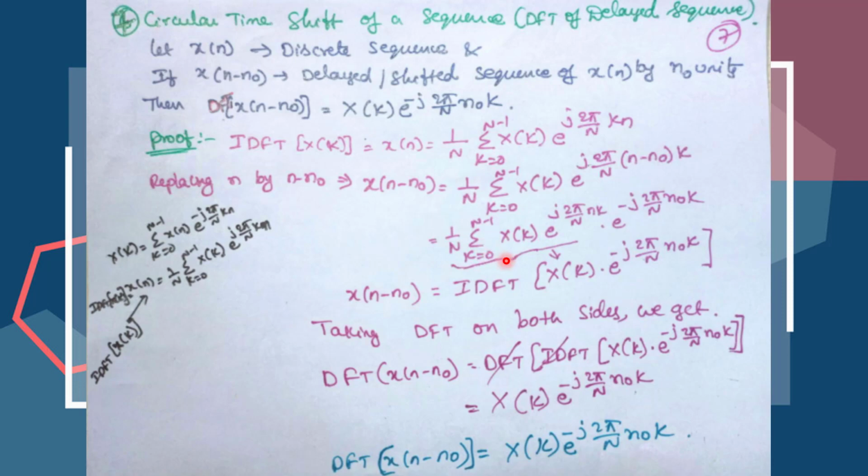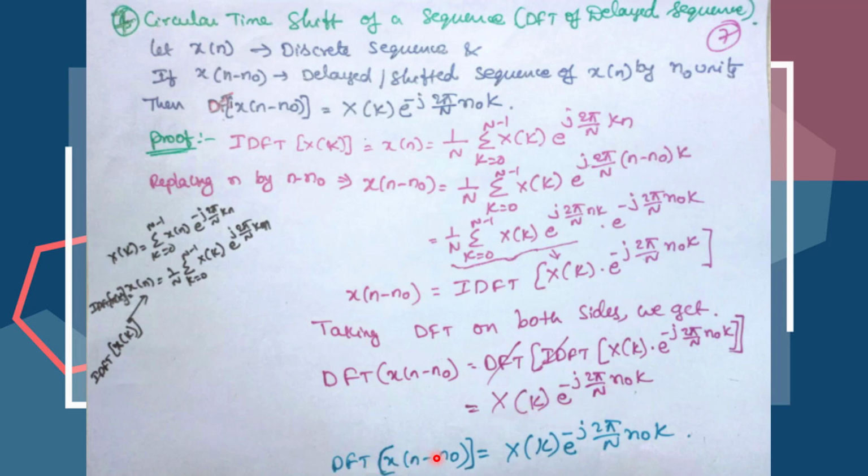So this can be written as IDFT of x of k into e power minus j 2 pi by n naught k. Taking DFT on both sides, we get DFT of x of n minus n naught equal to DFT of IDFT of x of k e power minus j 2 pi by n naught k. These two will cancel, then the remaining term is x of k e power minus j 2 pi by n naught k. Hence it is proved.